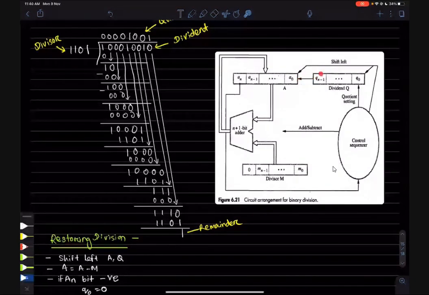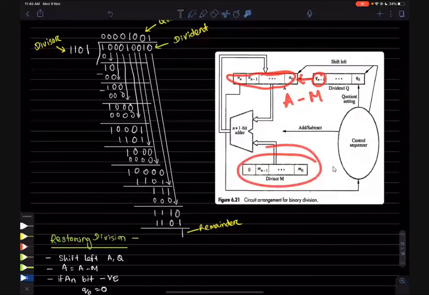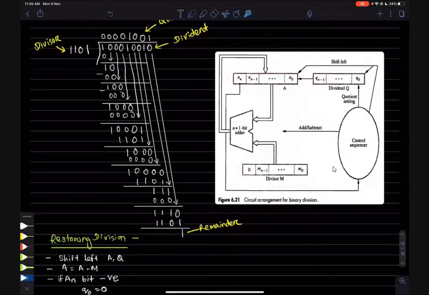Whatever the first value comes to the A register, we will do A minus M. M is this one. So A minus M goes as per our logic, 1 minus 1101, which is not possible, because we cannot do 1 minus 1101.